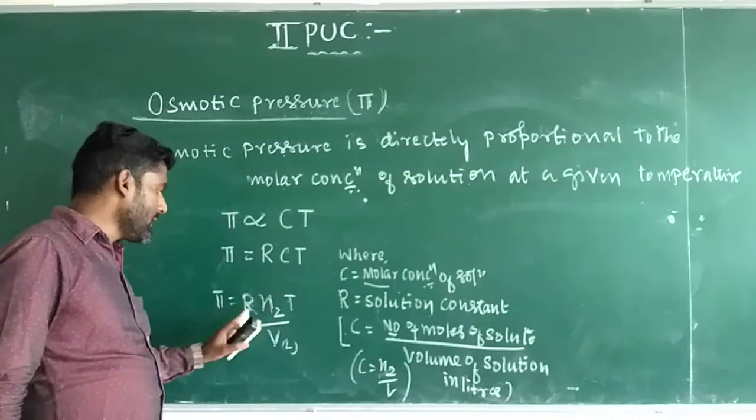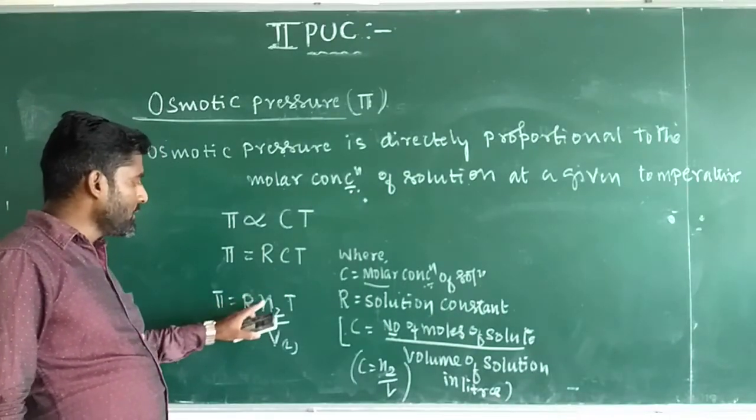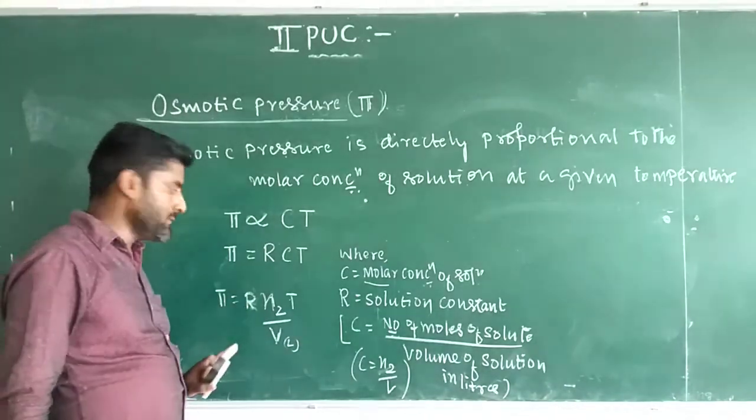C is nothing but molarity. So pi is R into N2 by V into T.